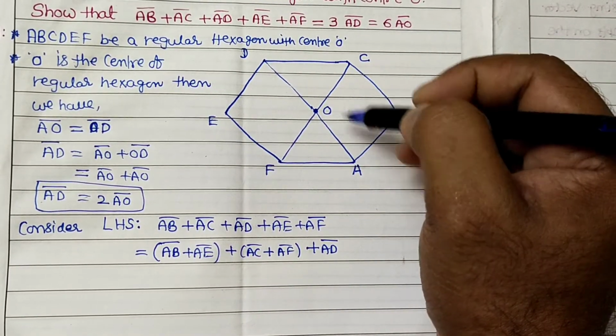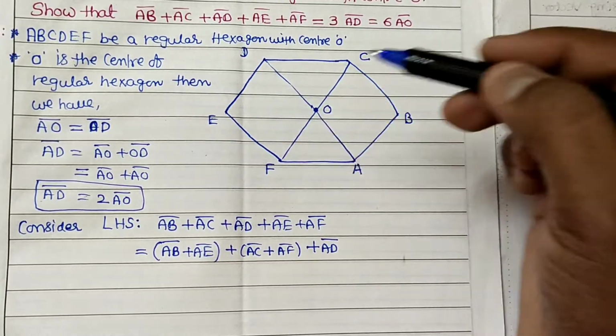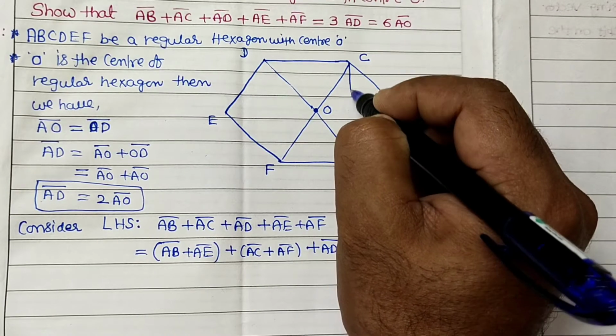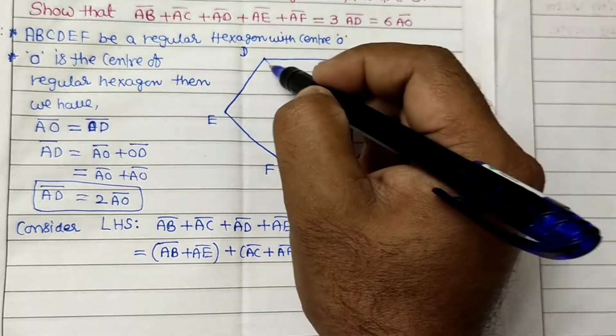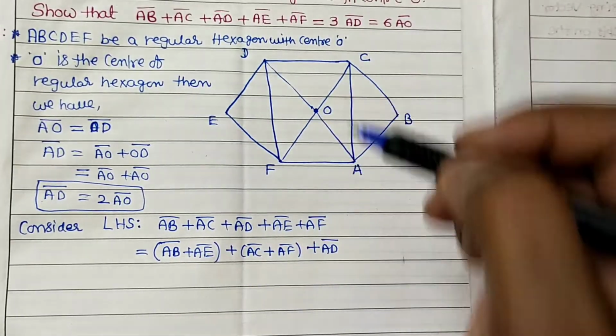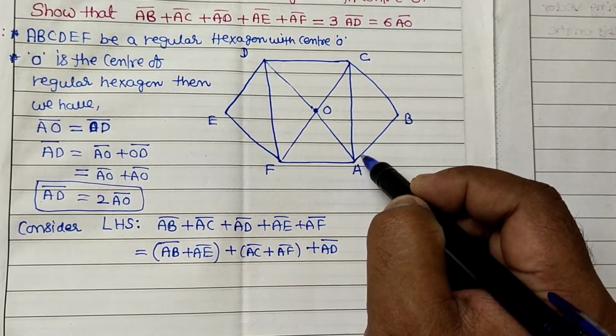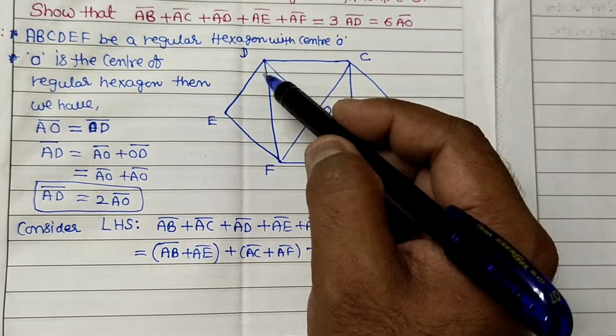In this next step, a little more. By observing, AB is equal to ED.